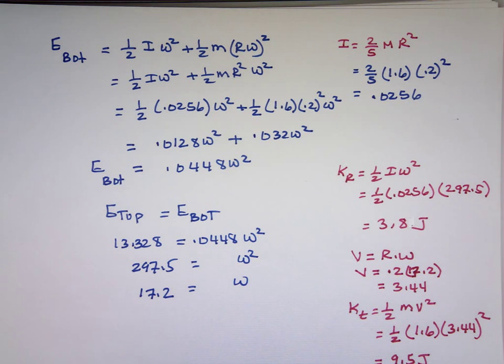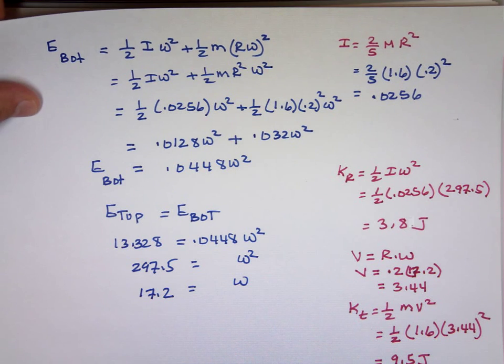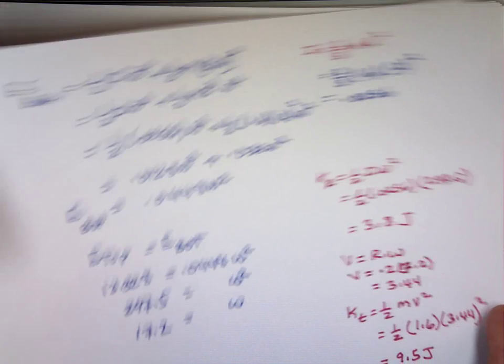The last one, how did you do the K total? Add them. Yep, add the two numbers: kinetic energy rotational plus kinetic energy translational.